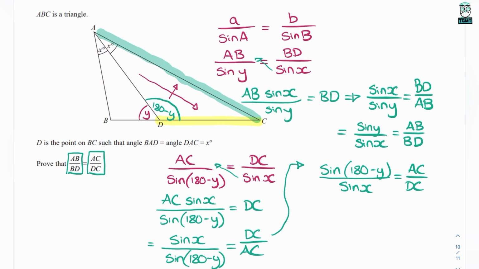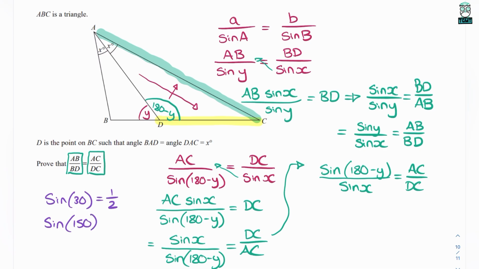Now this whole next step, in order to prove this, you need to understand that sine of 180 minus y is the same as sine y. And you can test this out on your calculator. If you type in something like sine 30, that is equal to a half. 180 minus 30 would be sine 150.